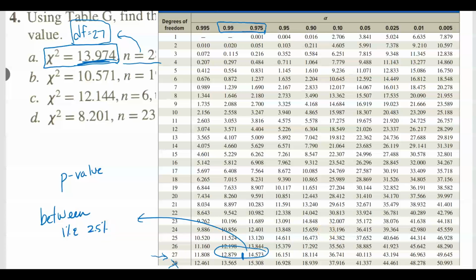But don't forget that this is a two-tailed test, so you would have to grab these boundaries and double them. So between 2 and 5%. Because when we have a p-value that is only on one side, and I know that this is double-sided, I would have to double that p-value. So this is letter A.